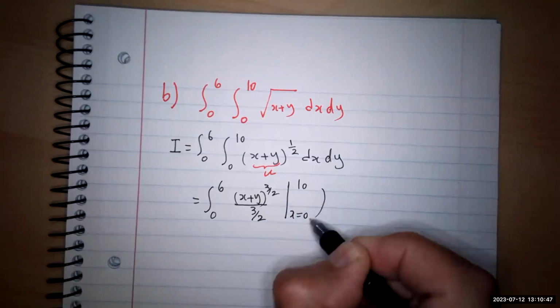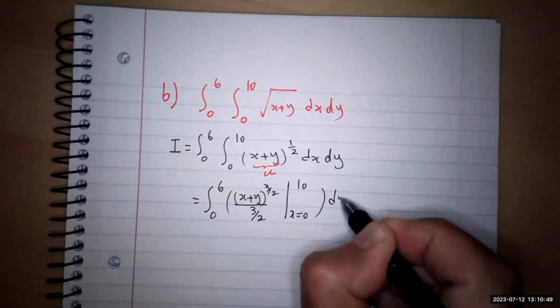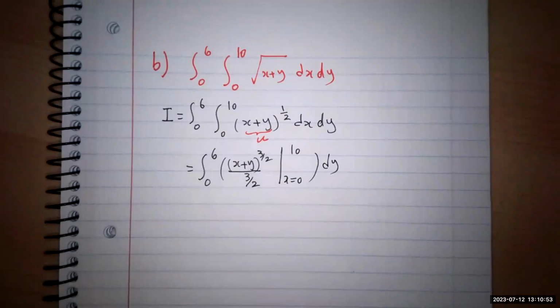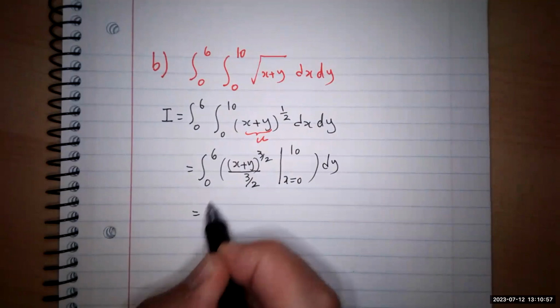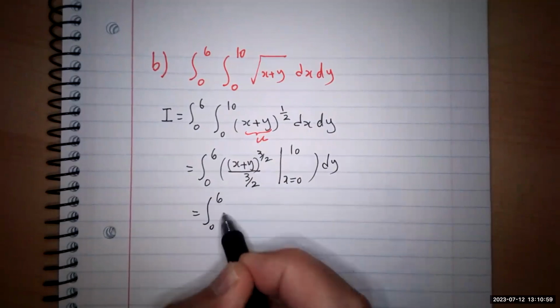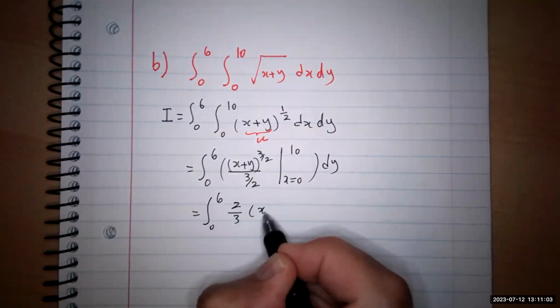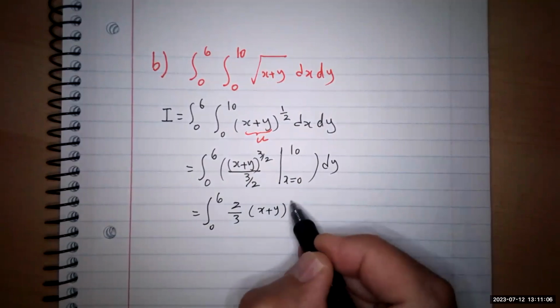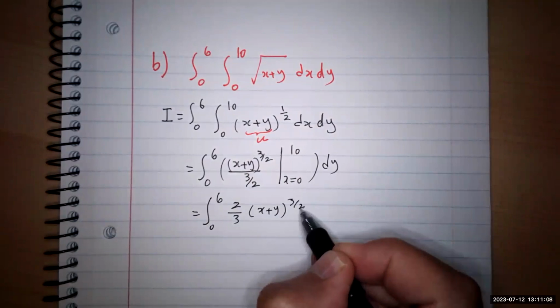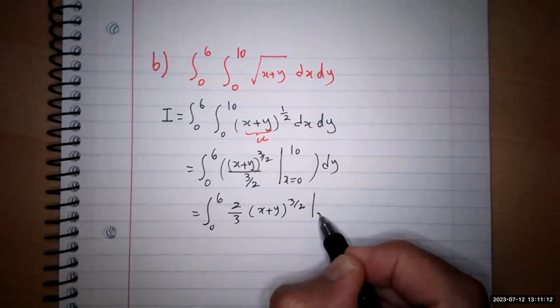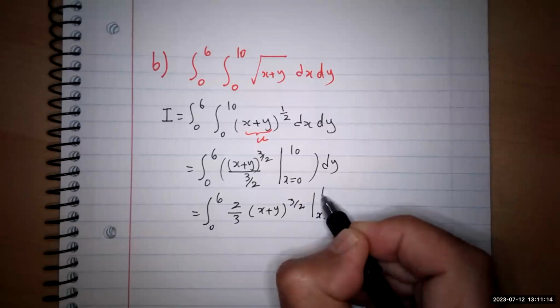And when you're done, you take the integral with respect to y. Because the u prime is 1, we don't have to worry about it. So use the reciprocal of that number. That gives you 2/3, 2/3 x plus y to the 3/2, evaluated from x going from 0 to 10.